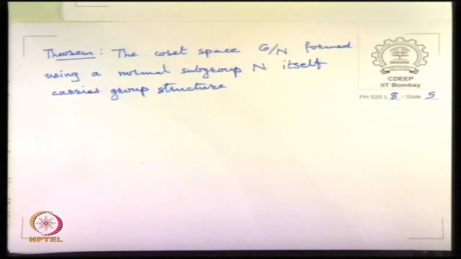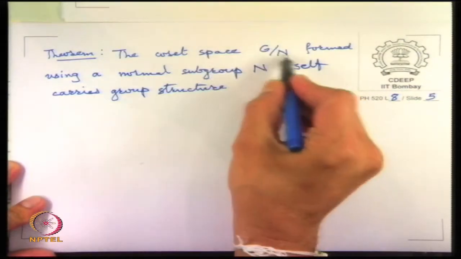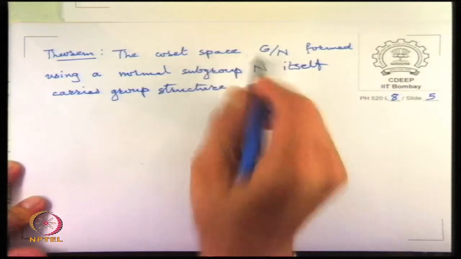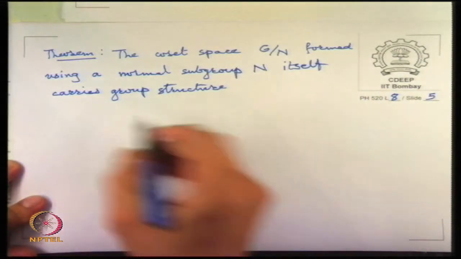In other words, if the group you are cosetting with was just any ordinary subgroup, then this will not work. But if it is a normal subgroup, then, so if it was for a generic subgroup, it would just remain a coset space, some space of equivalence classes.